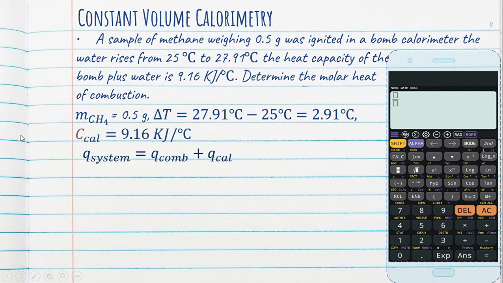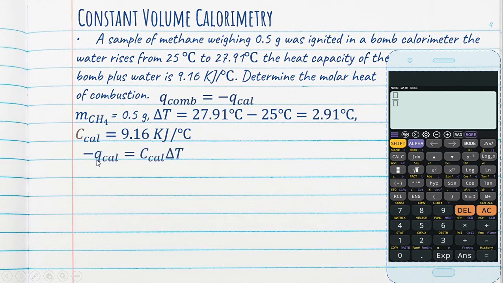So this is the formula: heat system is equal to heat combustion plus heat cal, which is just the same as heat combustion is equal to negative heat cal. So we will use either one of these equations, and I will use this one.